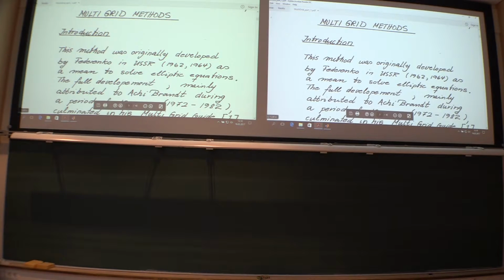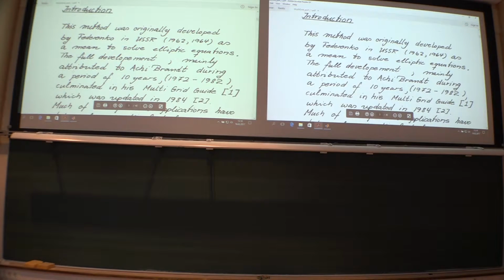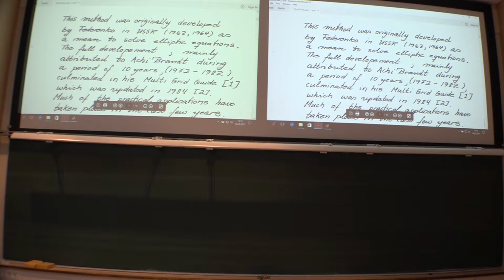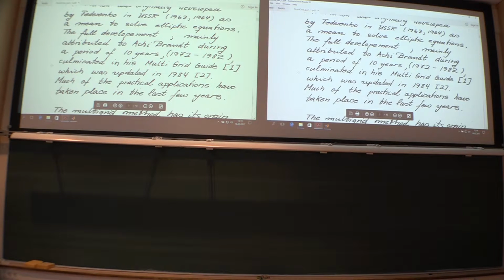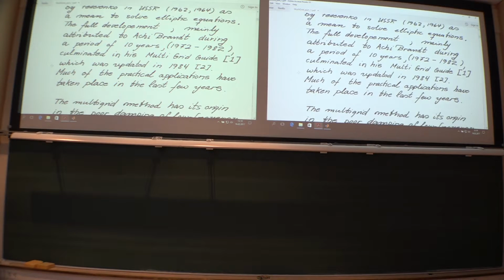Fedorenko wrote some articles on how to solve elliptic equations, and then a guy from Israel, I think Achi Brandt, translated this into a more practical approach 10 years after, and that's where the multigrid method was born. And since then it has just exploded. Nowadays everybody uses multigrid or knows what multigrid is.